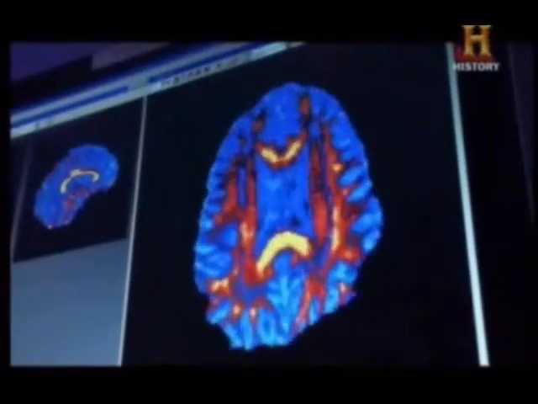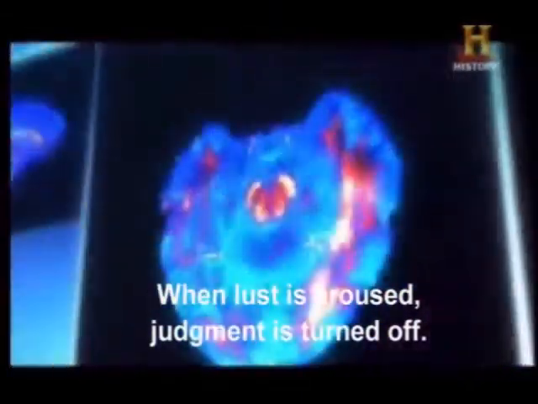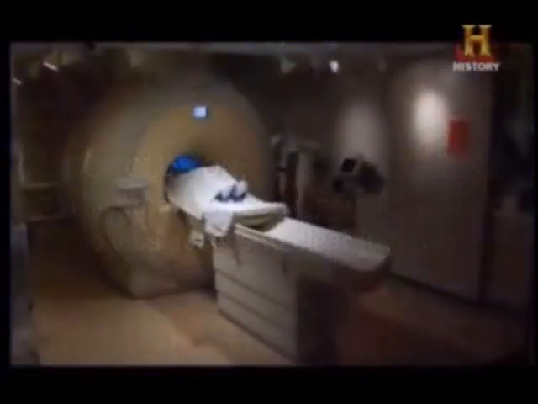We also found that certain areas of the brain seem to become less active, and they appear to be areas that are related to moral judgment, of inhibition, if you will. When the lust areas of the brain light up, the judgment areas of the brain begin to turn off. The conclusion? The more aroused a person, the less access they have to clear judgment. It would seem that science shows a direct connection between lust and poor judgment.